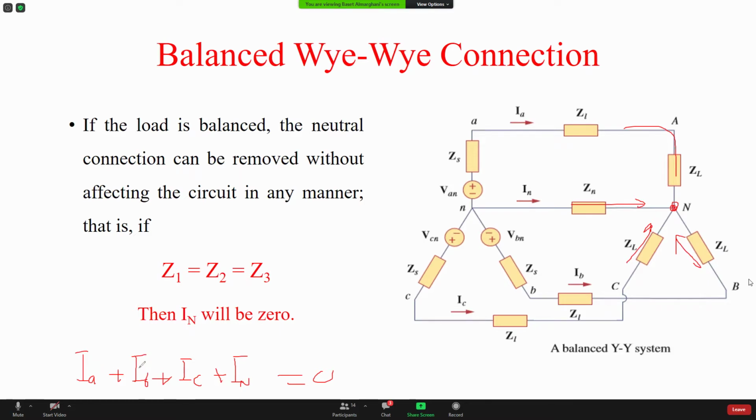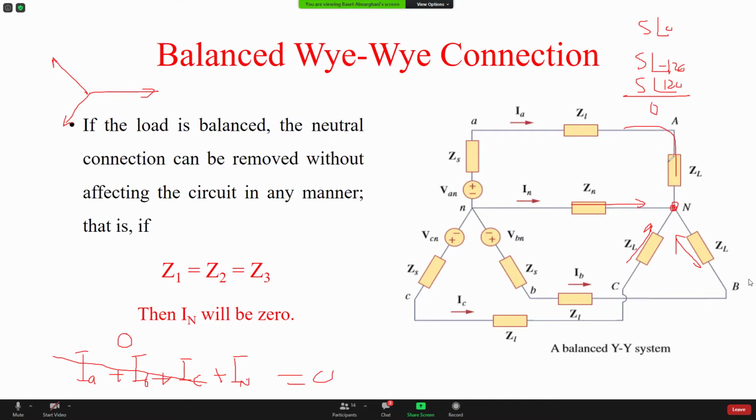Now IA plus IB plus IC, the sum of these 3 is 0. So that means IN will equal 0. We know that in a balanced system, if you add IA, IB, IC, they're going to be 0. If 5 angle 0, 5 angle minus 120, 5 angle plus 120, if you add these 3 currents, this is just an example, you're going to get 0. You can try that in your calculator.